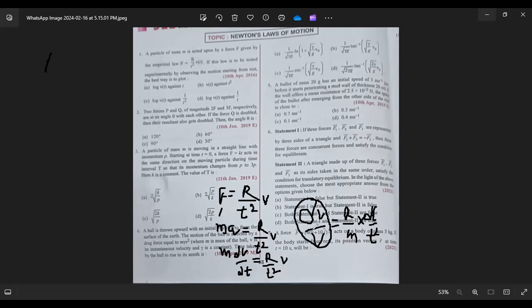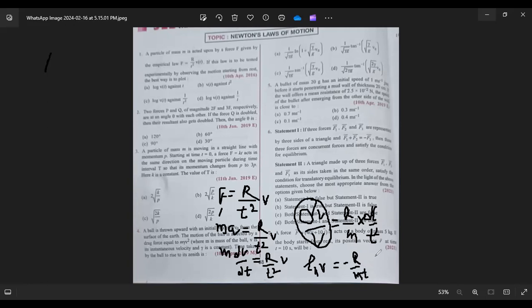So we get the natural log of v is equal to minus R upon mt, and here is dt.